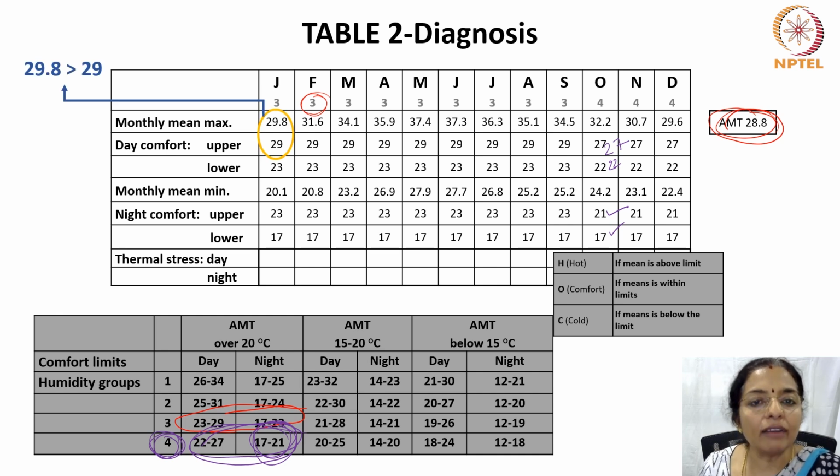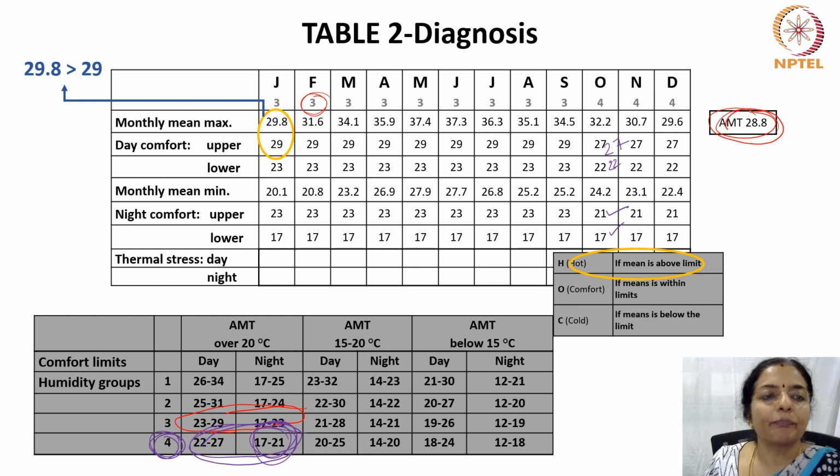So after you enter this, see, 29.8 is more than 29. So it means for January, the condition is hot. The mean is above the limit and therefore it is warm or hot. So you write thermal stress during day as hot.